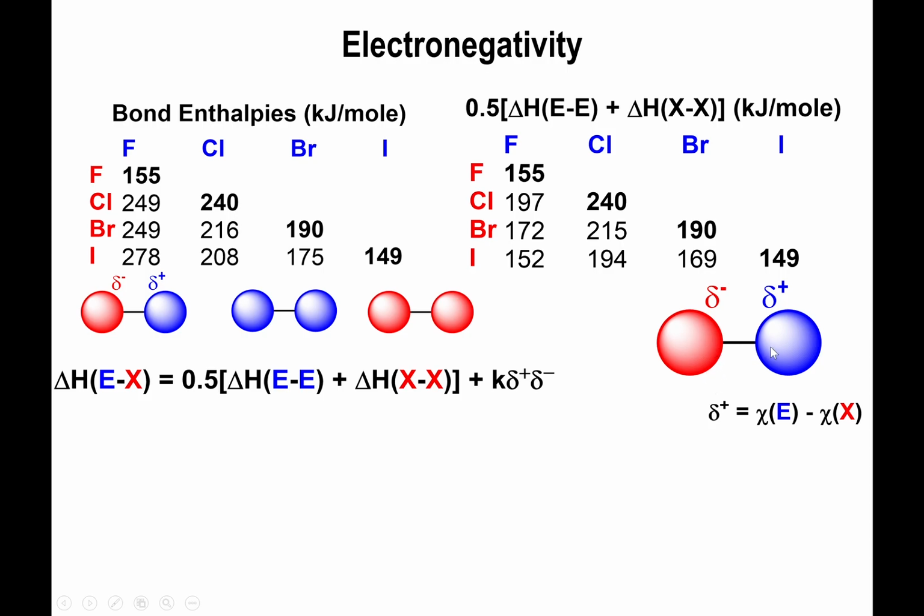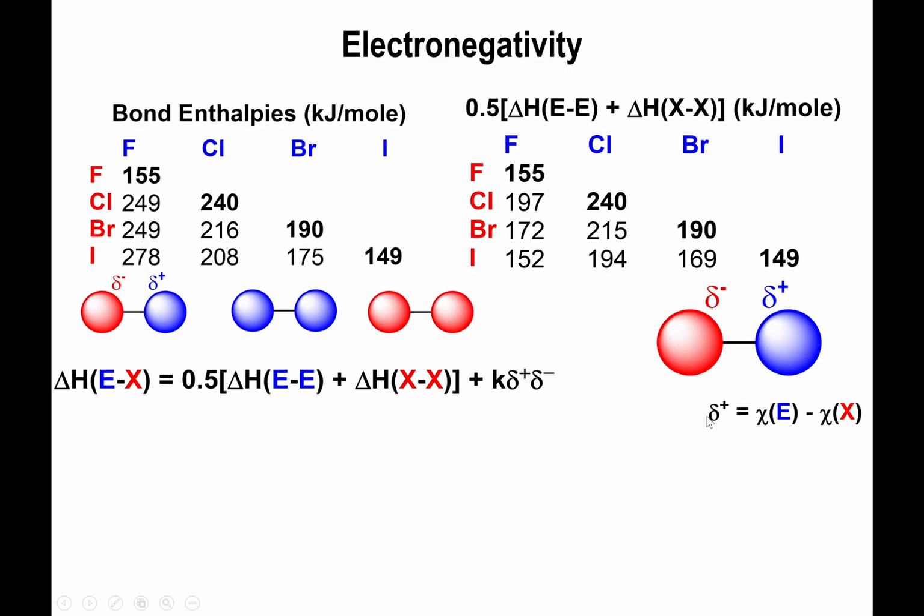Because when you look at the atoms, the one that develops the delta plus and the delta minus signs, as you know, depending upon which one is more electronegative than the other, you could define the electronegativity as follows. Simply by looking at the difference of electronegativity of one element to another.